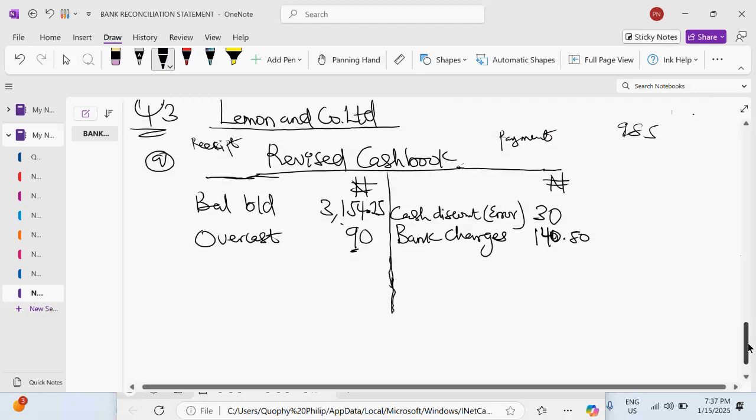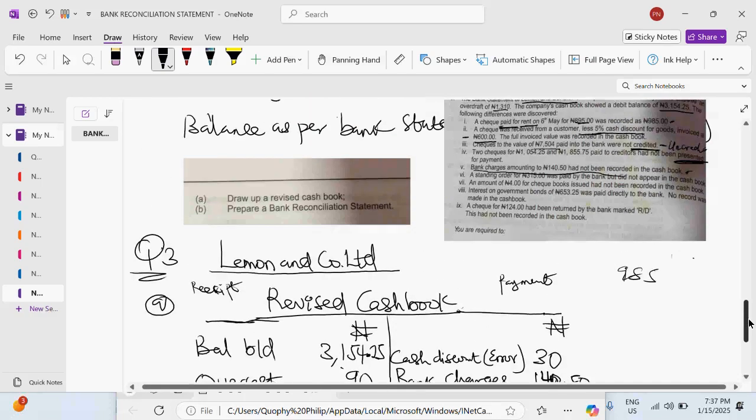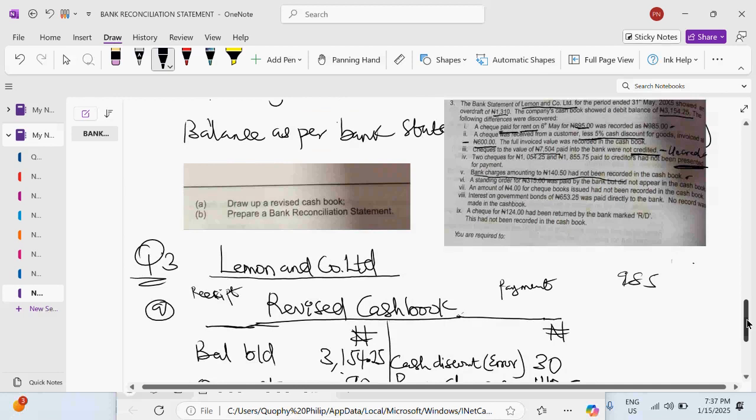All right. So now move on to the next transaction. A standing order for 315 naira was paid by the bank but did not appear in the cash book. Standing order, and I believe I explained what a standing order is in class. A standing order is when we, the business, instruct the bank to make payments on our behalf.